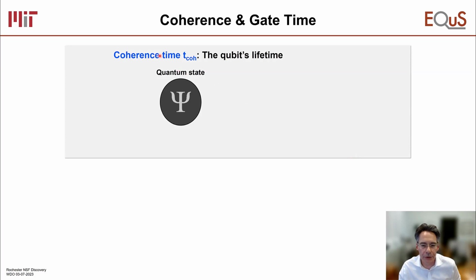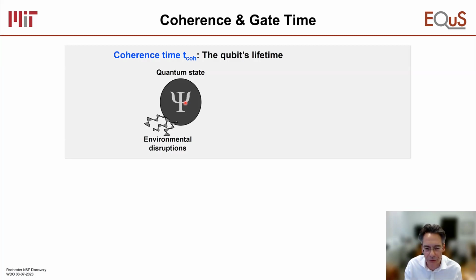So the coherence time is the qubit's lifetime. You can take a quantum computer, put it into a single quantum superposition state. We'll call that psi, capital Psi. And let's say we can do that perfectly, or really, really well. But immediately from that time forward, the qubit is not just responding to the pulses we're applying to it, it's also responding to any electromagnetic disturbance in its environment.